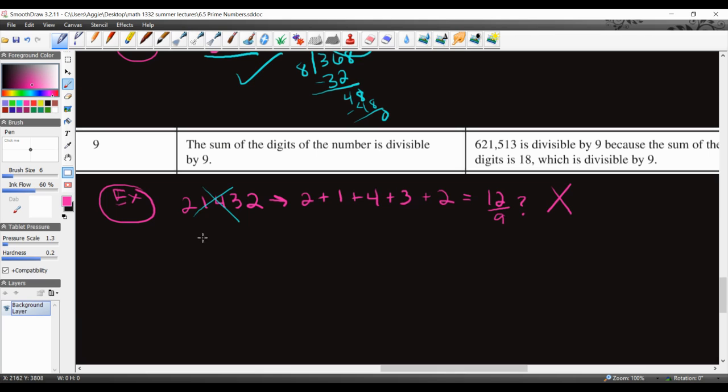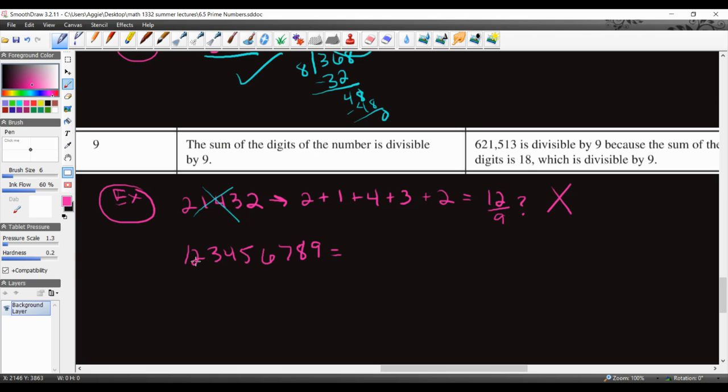Okay, let's try another one. Let's try 1, 2, 3, 4, 5, 6, 7, 8, 9. Just for the fun of it. Let's see. So I'm going to add these as they go.